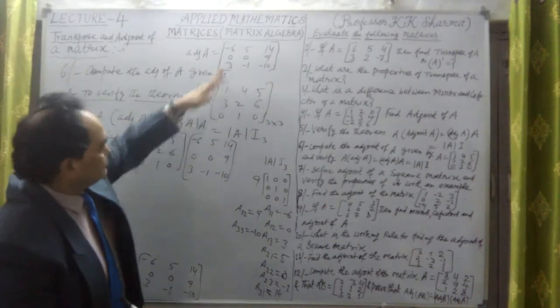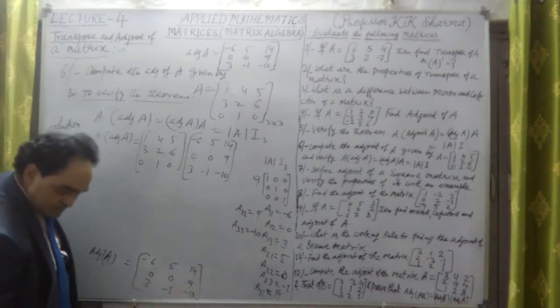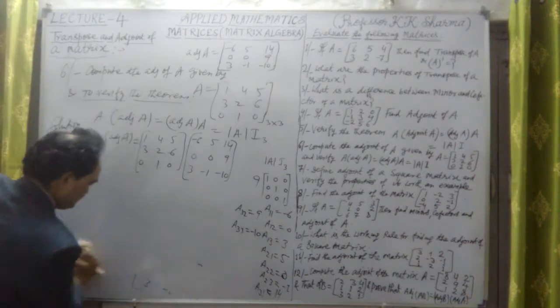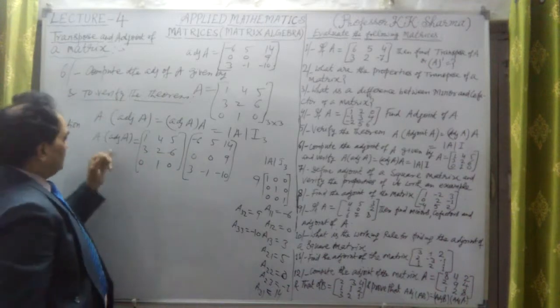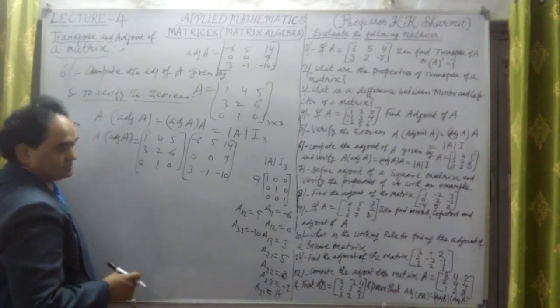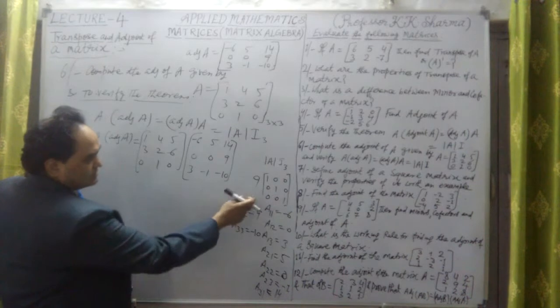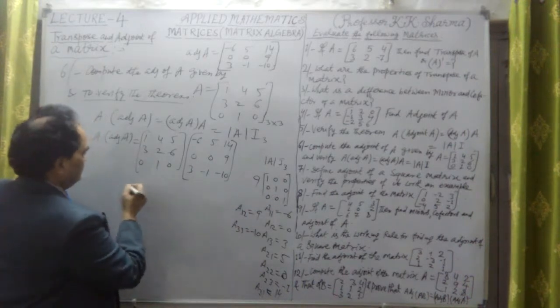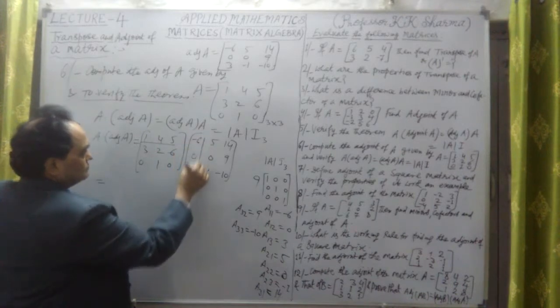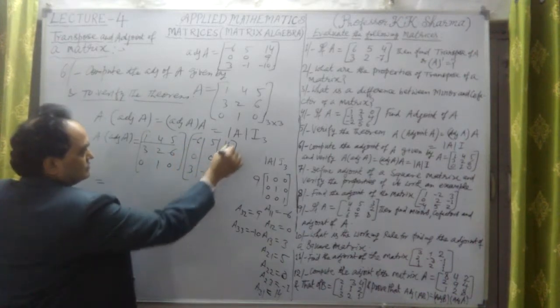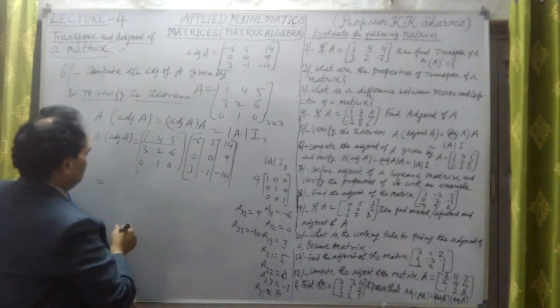A is this, adjoint of A is that. Now let me find the value of the multiplication of A into adjoint of A. Let me check whether the same value comes out as this, 9 into this. Okay, so multiplying first row, first column, then second column, then third column. 3 elements will be there.